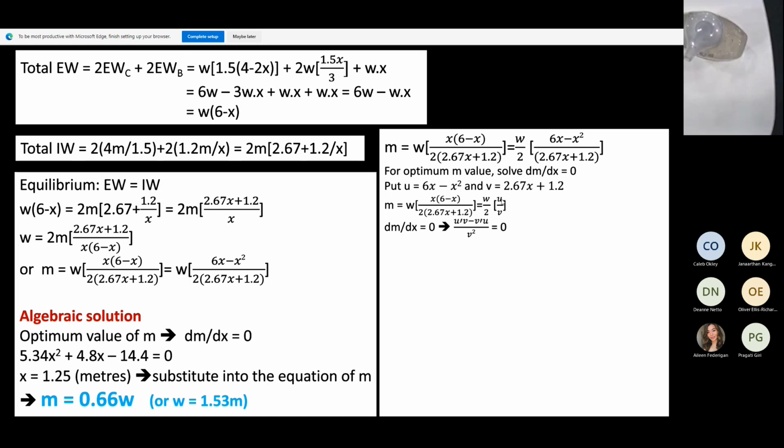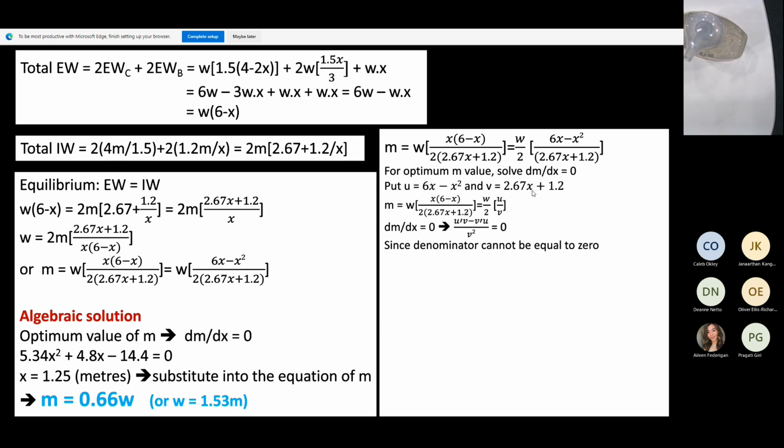Are you familiar with this? When you have u over v and you differentiate it, you get u dash v minus v dash u over v squared. Familiar with this? Or not? If you have an expression over an expression and you differentiate it, it's the derivative of u times v minus the derivative of v times u, over v squared, equals 0.